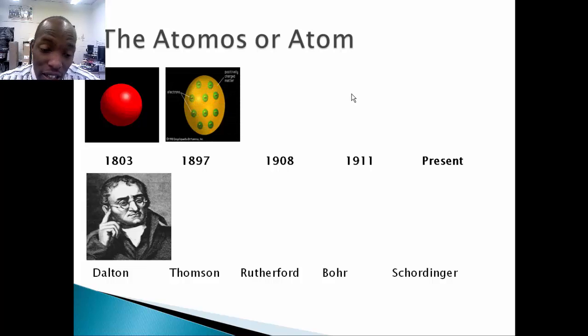Then almost 100 years later, in 1897, Thomson was credited with discovering our first subatomic particle. Thomson said that we have electrons inside of this atom, and that it sits on top of this positively charged matter.